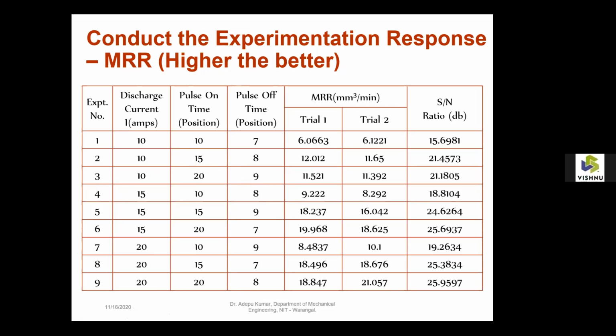The maximum condition is 2027, but without doing all the conditions, by doing only certain 9 conditions, you are getting the optimum condition. That optimum condition is one of the experimental conditions in the total 81 of the full factorial experimentation. So this is the advantage of using Taguchi designs.